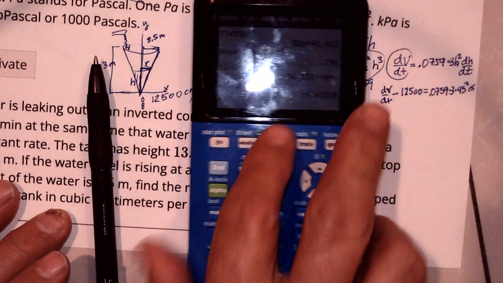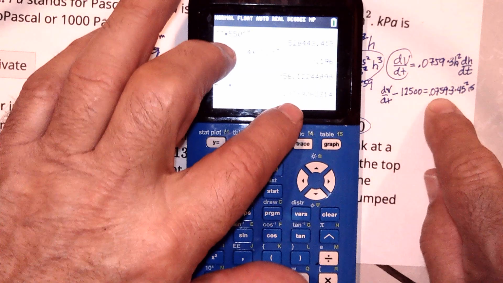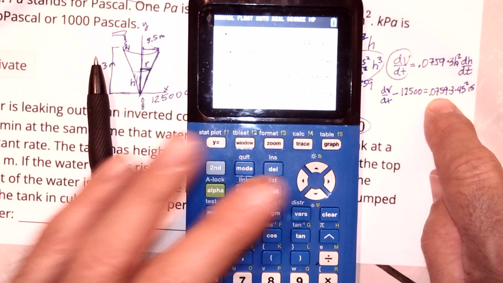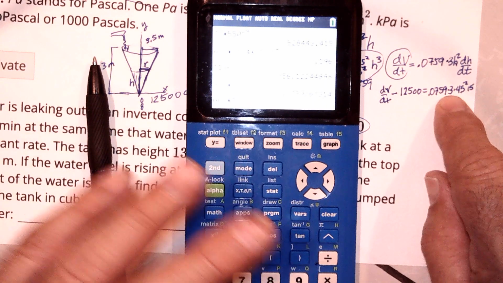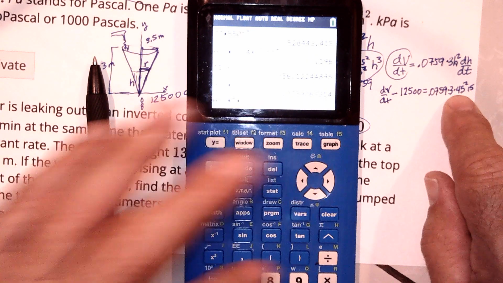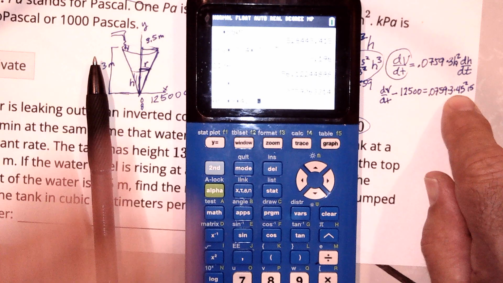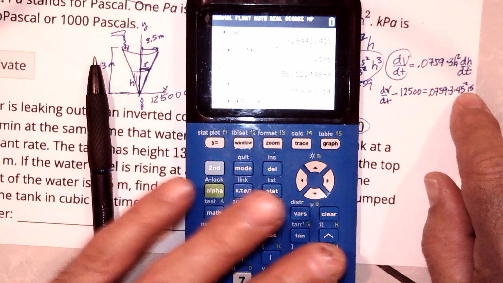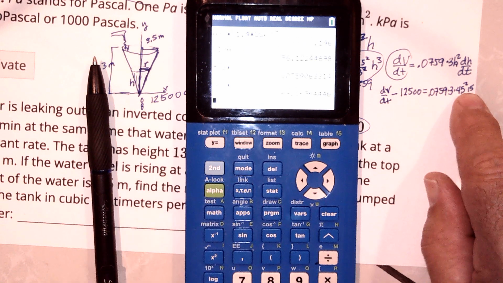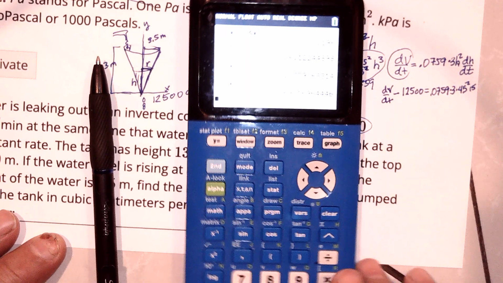So we've got my number that I have here times 3 times 4.5 squared times 15, and then I've got to add to this.